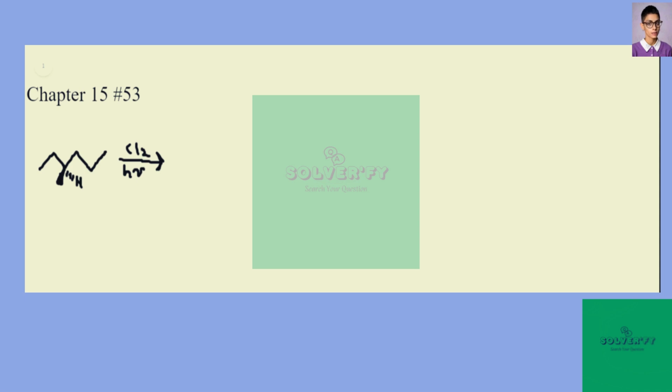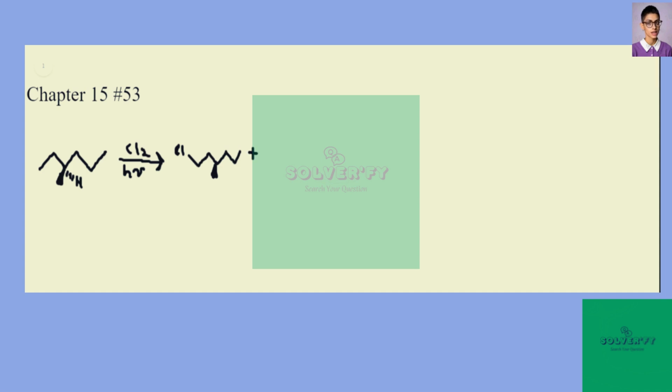Okay, so to get started, we need to draw all of the isomers here. The first one is going to be just the product when chlorine adds to the terminal carbon. So like this. So there's one product.